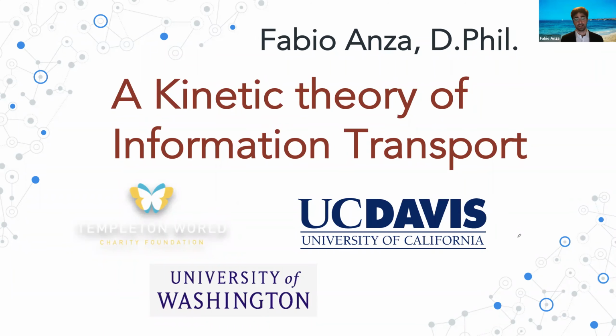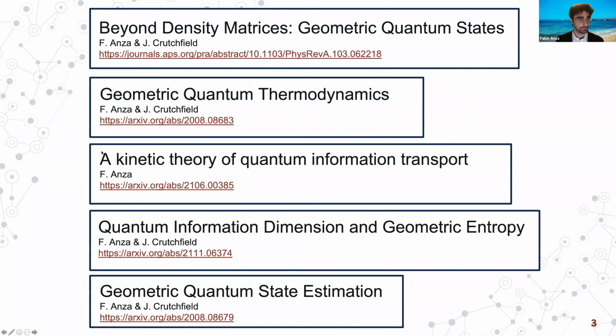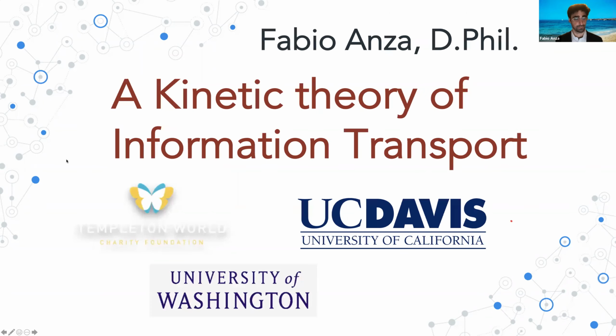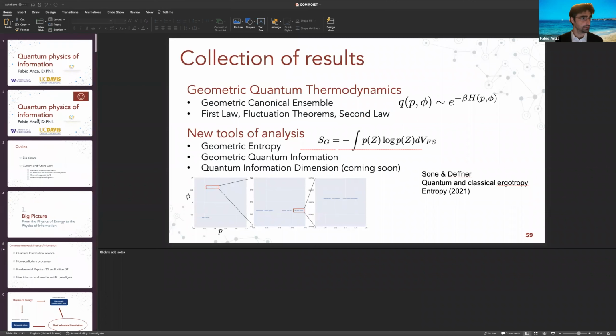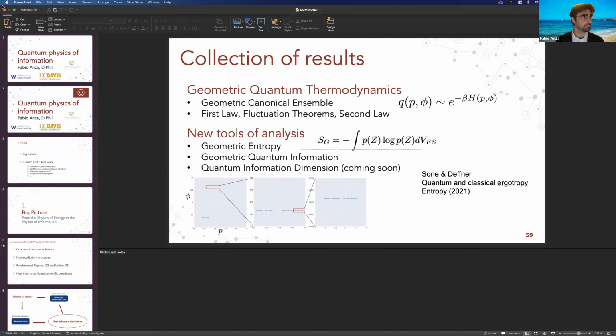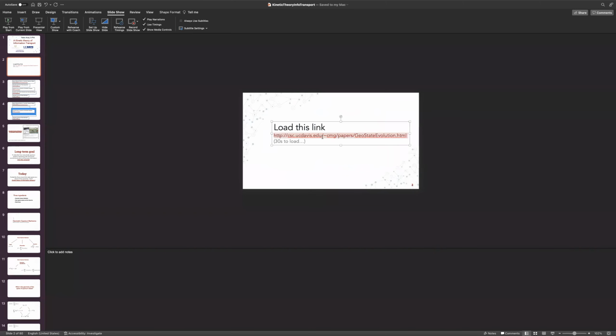All right. So this is the title, Kinetic Theory of Information Transport. Let me tell you a little bit about what this is about. First, I'm going to put this link in the chat so that you can load it.